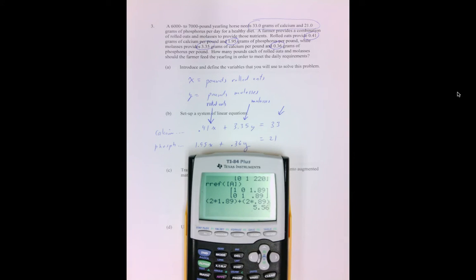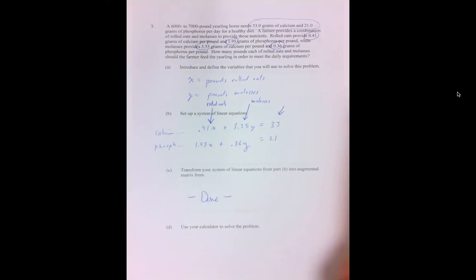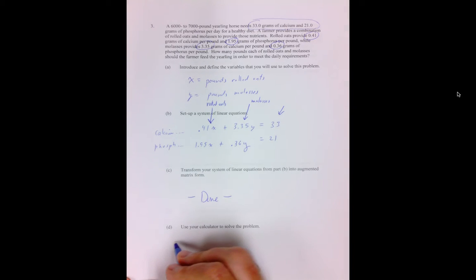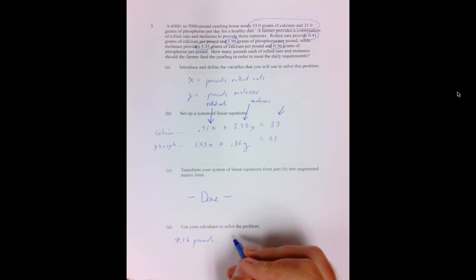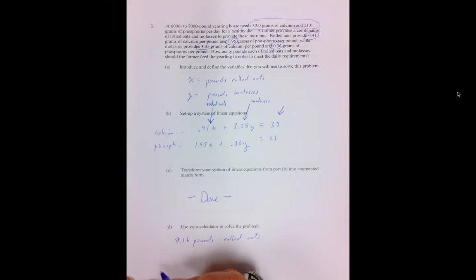All right, second quit. Let's go back to our entry. We've got to go one more row. And we can see that we get 9.16 and 8.73. So 9.16 pounds of rolled oats and 8.73 pounds of molasses.